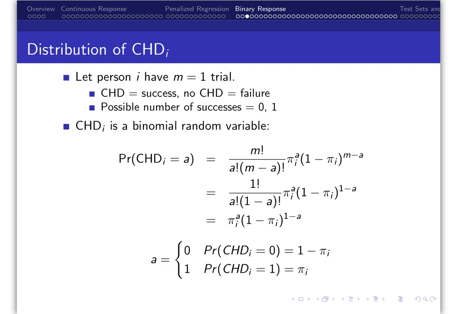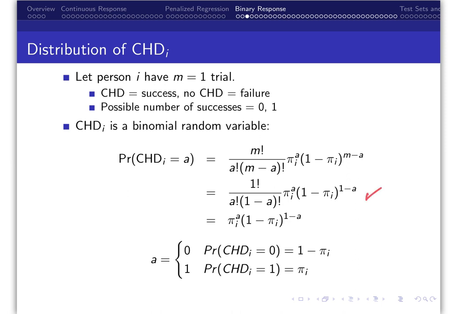For our dataset, consider that each person is a trial. Let i index each person and let CHD be a success and no CHD be a failure. Then CHD sub i is a binomial random variable and the possible number of successes are 0 or 1 for any individual. So the probability that CHD equals a is given by this expression.